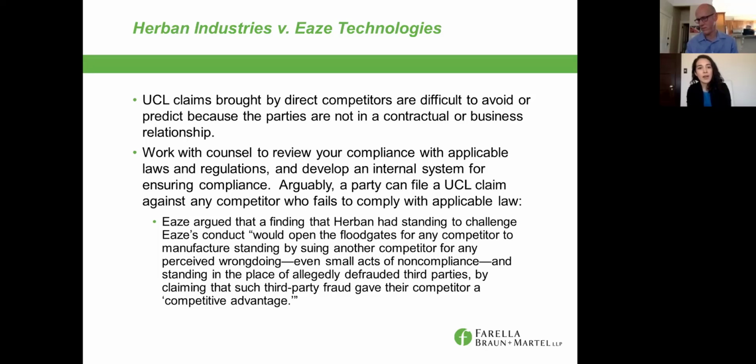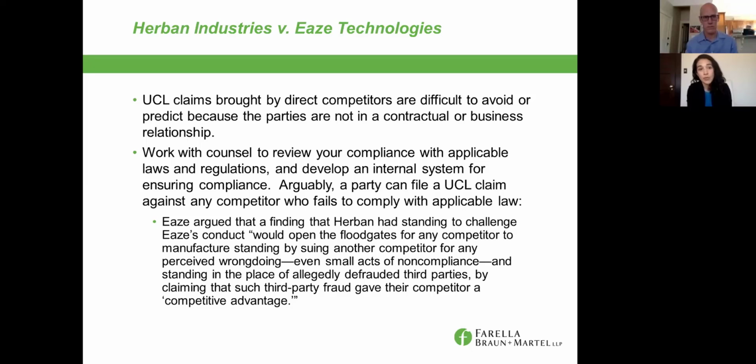Ease had argued in its demurrer that a finding that Urban had standing to challenge Ease's conduct would open the floodgates for any competitor to manufacture standing by suing another competitor for any perceived wrongdoing, even small acts of noncompliance, as long as they could allege that this gave their competitor a competitive advantage.